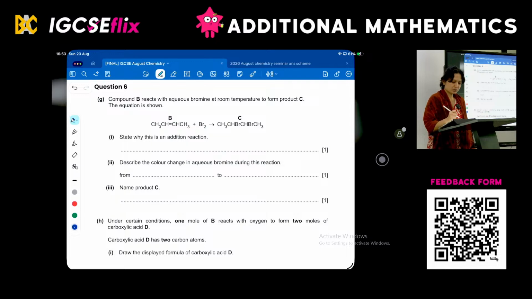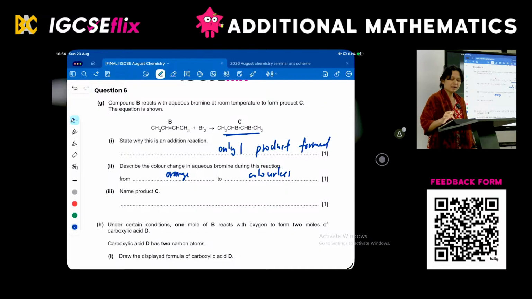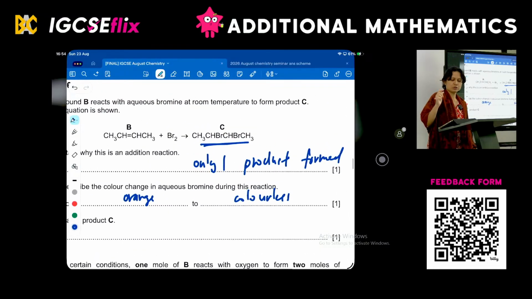All right. So, why is this an addition reaction? Only one product forms. What's the color change? Orange to colorless. Easy, right? Now here's the thing. Maybe you are very, very good and you can see from far.